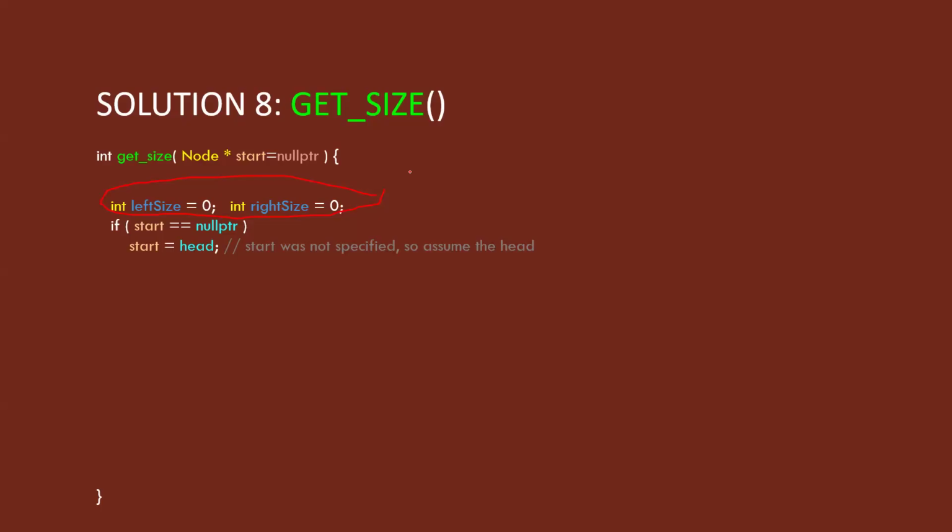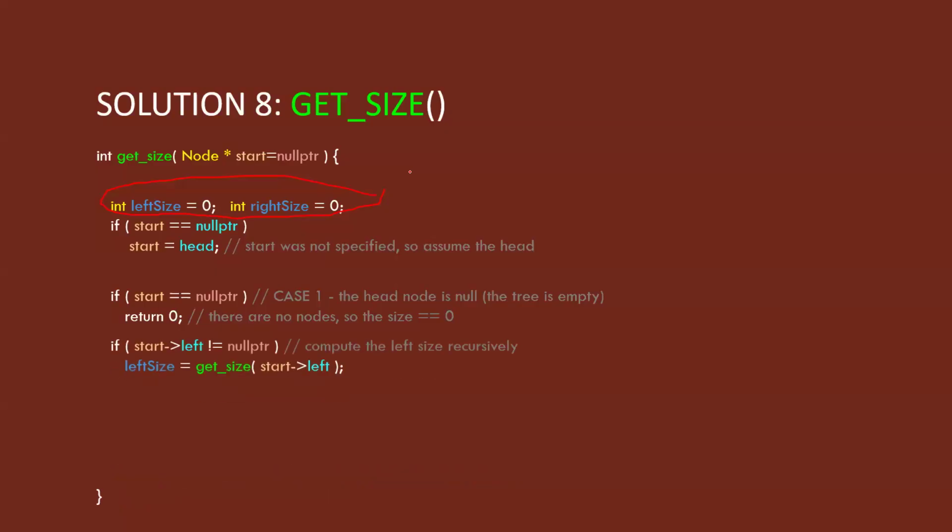If the head is null, or if the start is null, then assign it to the head. Otherwise, just check it, and we could be at a leaf node. So if we're at a leaf node, then return 0, because there's nothing here. Otherwise, if the left is not null, then calculate the left side recursively.